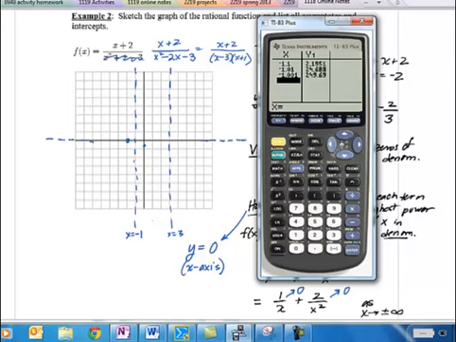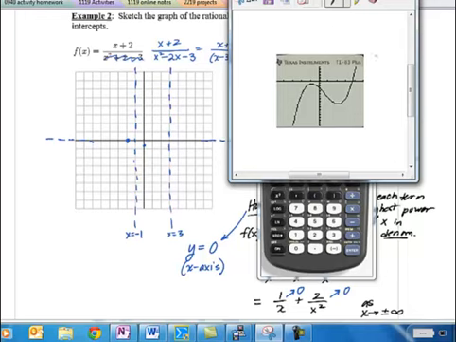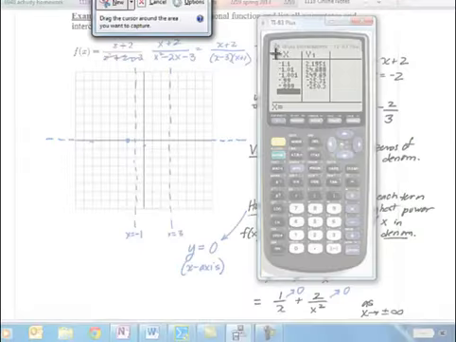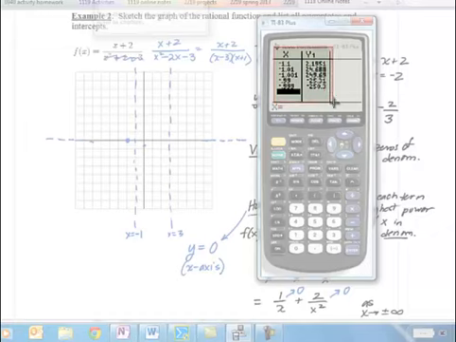And I want to go on the other side, so maybe negative 0.99 and negative 0.999. So using this table, I can see what's going on close to negative 1.